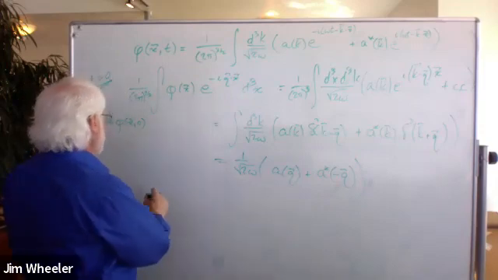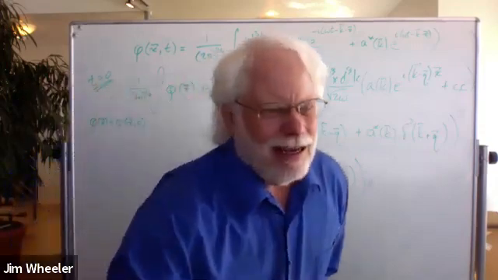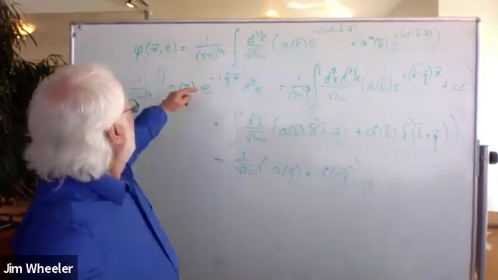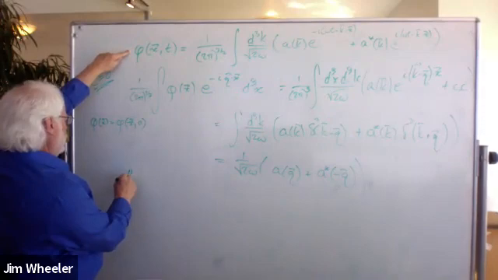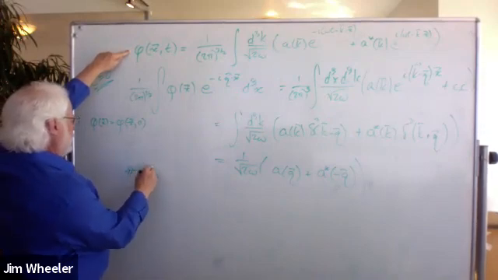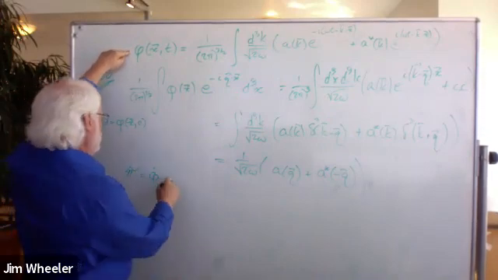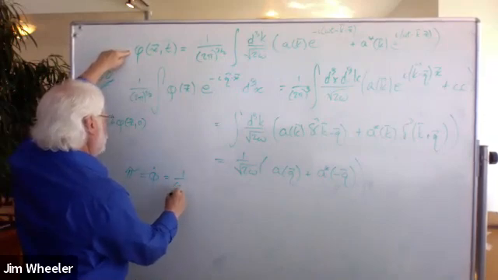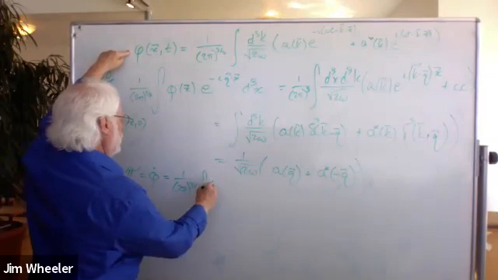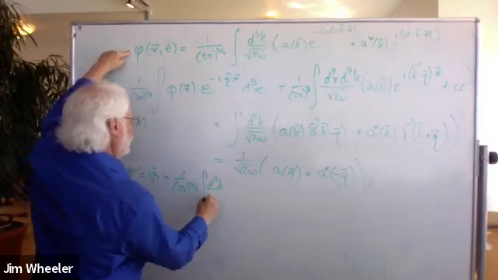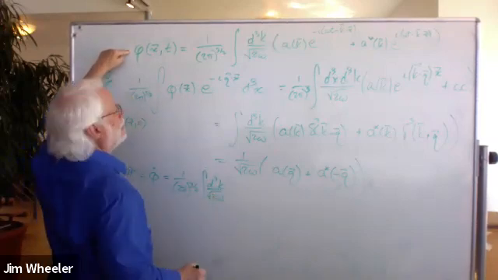So we have to do the same thing for the momentum, which follows from phi. Remember, the momentum is phi dot. So that's going to be 1 over 2 pi to the 3/2 d3k over root 2 omega.